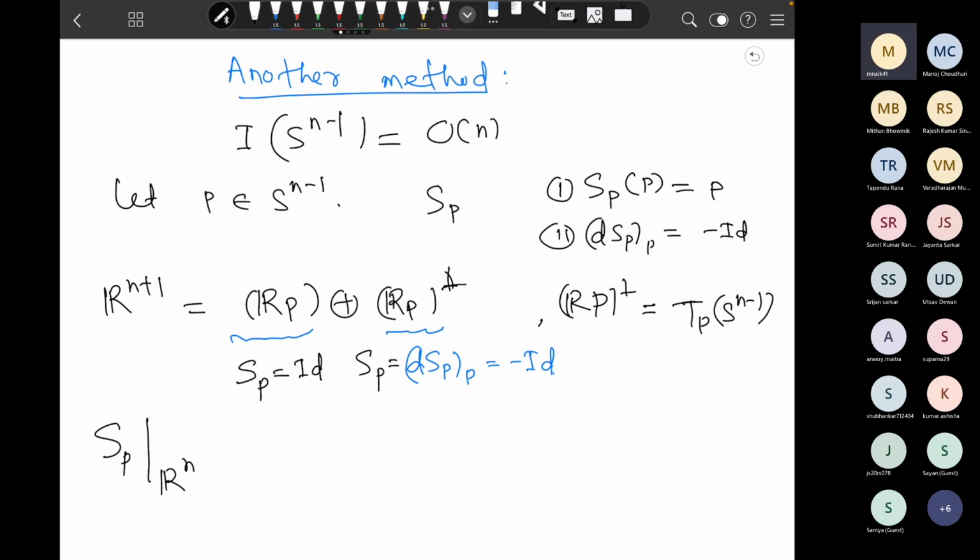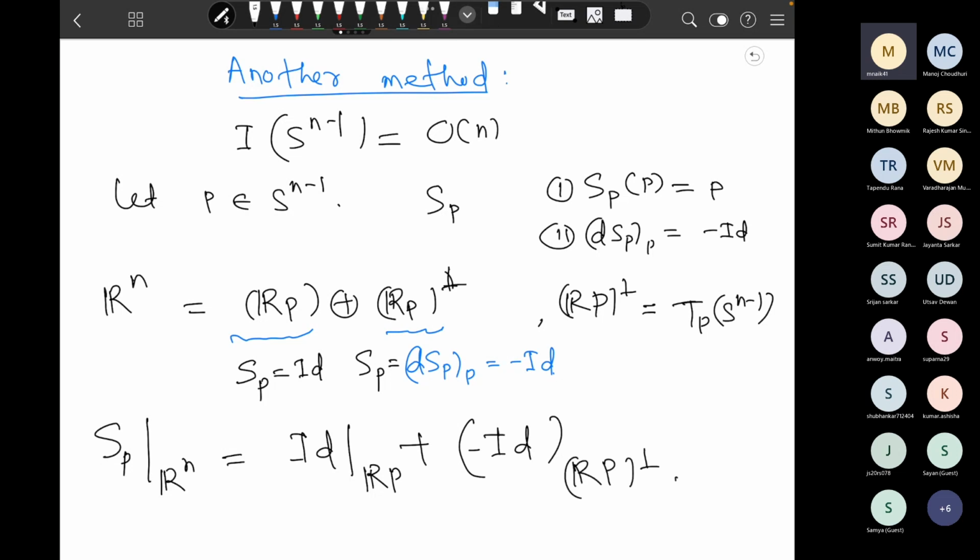So SP on Rn, sorry, not Rn plus 1, this is Rn. SP on Rn is identity on RP and minus identity on RP perp.